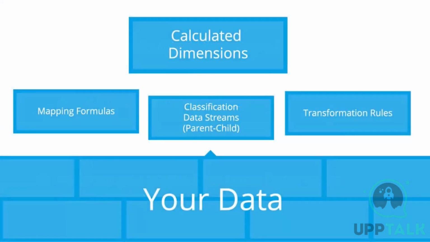So, calculated dimensions. First we have mapping formulas, right? We have seen mapping formulas when we were adding media cost, or when we were using a coalesce function. We used the coalesce function for media by key whenever there were two different column headers in two different formats.